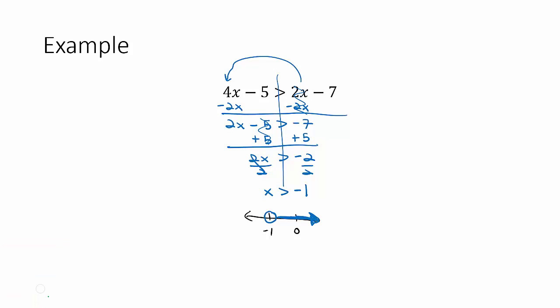And we can also express that with interval notation, going off to infinity with a curved bracket at negative 1. Curved because of the open dot. This tells us that every value between negative 1 and infinity will make the original inequality a true statement.